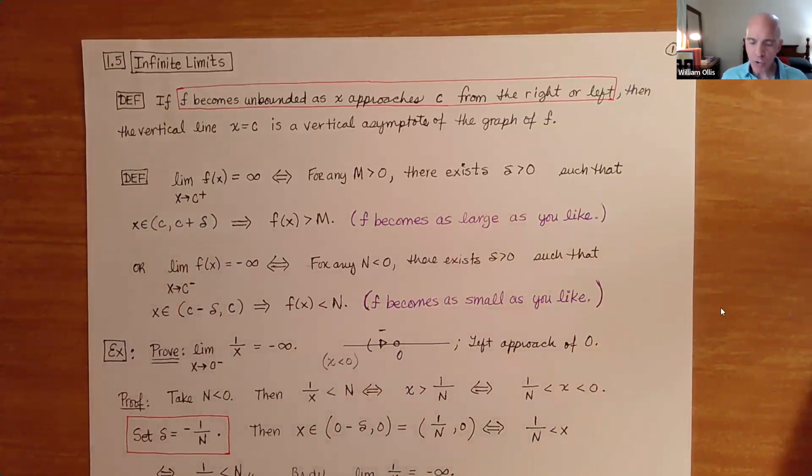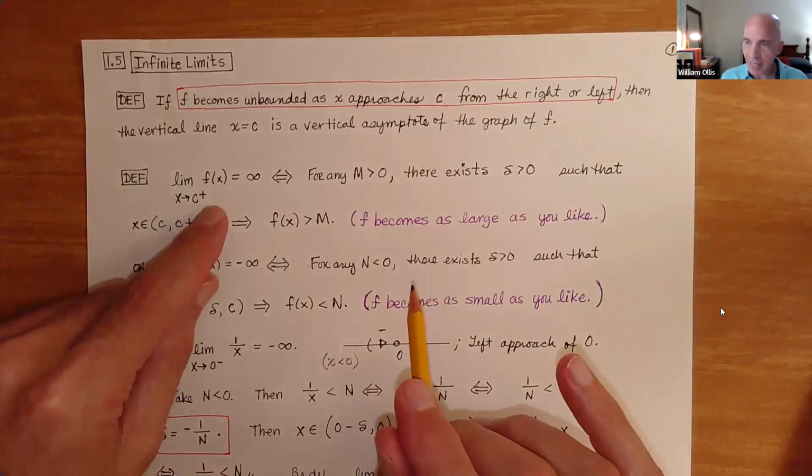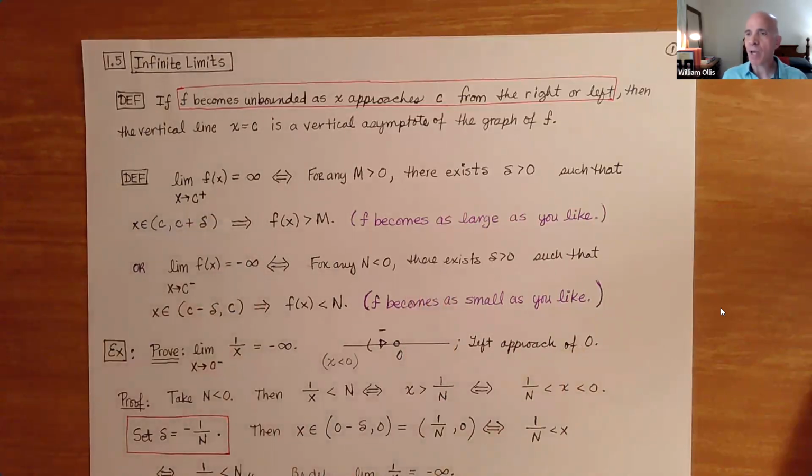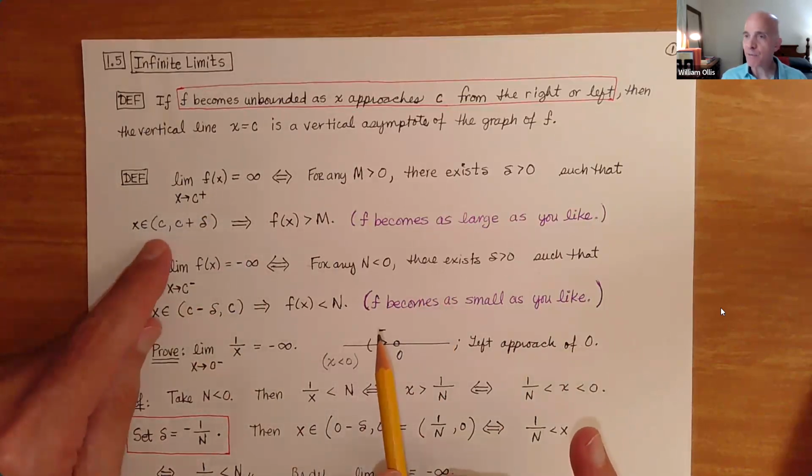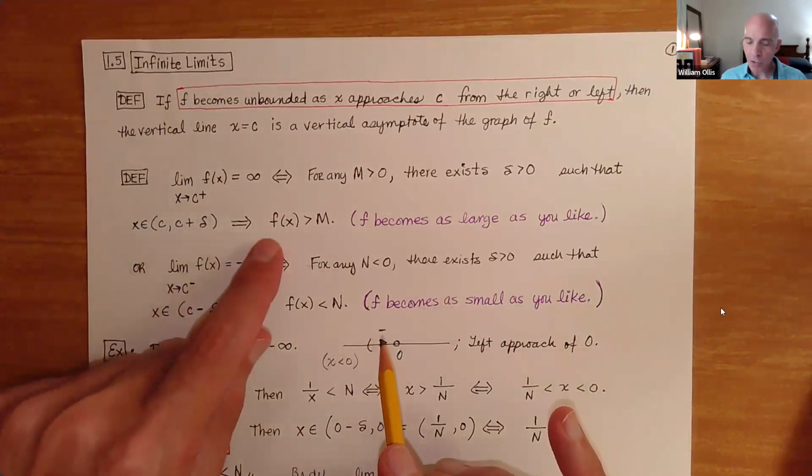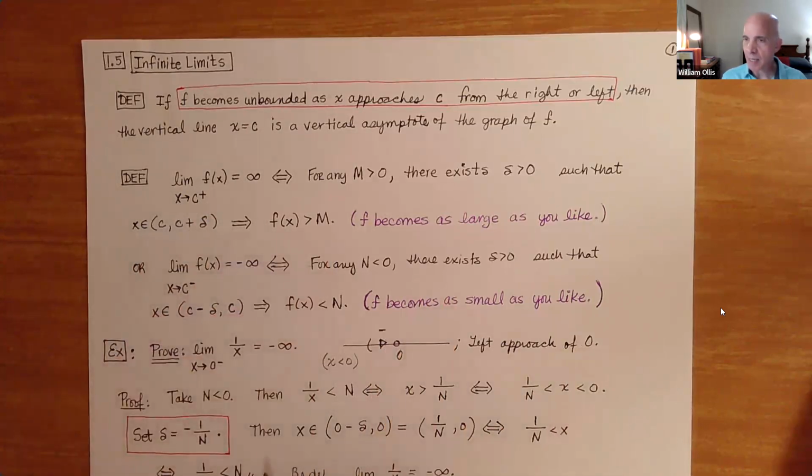Okay, so the arbitrariness of this is what makes this particular definition useful. It basically means that for any positive number, no matter how large, you can always get close enough to c from the right so that the value of the function exceeds m. And so that's a way to talk about infinity.